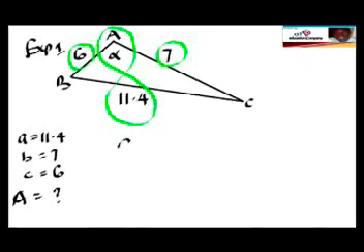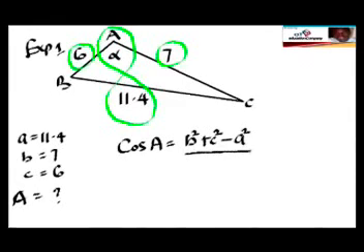We're using the formula that says cos A is equal to b square plus c square minus a square over 2bc.